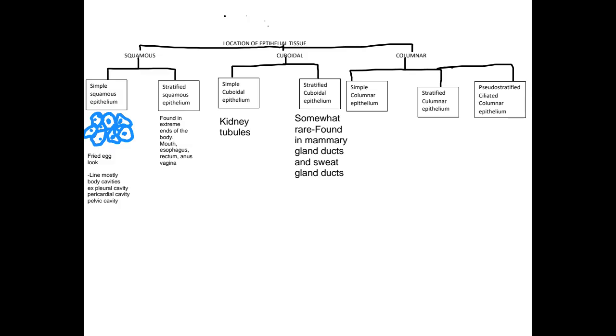So your stomach, your small intestines, your large intestines, and your rectum will have simple columnar. To me, that's the easiest way to remember. Don't try to really memorize this word for word. Just think about how these columns look, long and thin, and they remind you of how intestines look. You're going to remember where they're found.